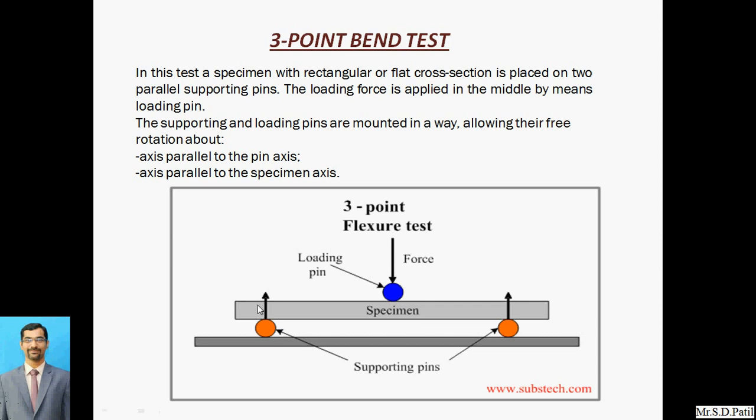Normally the specimen is rectangular or some flat shape, resting on these two pins, and the loading force is applied exactly at the midway. This is very important, where to apply the loading force, and that's why there should be a mark on the specimen. In the latter part of this lecture, we will see a video of how the 3-point bending test is carried out on the material.